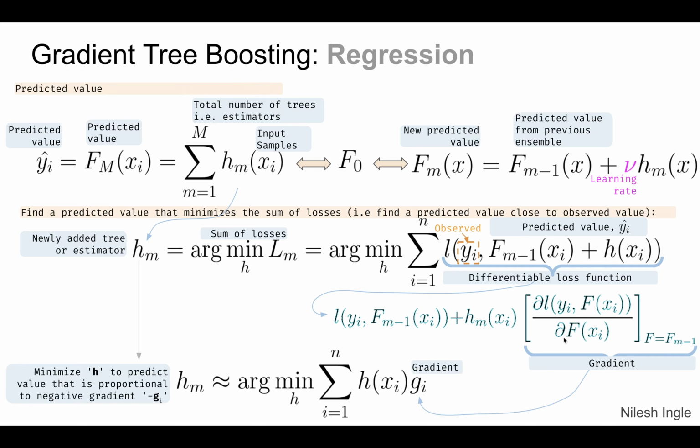And we can write that again in this form, where h_m is equivalent to the minimum of h(x_i) and g_i within this summation i equals 1 to n. So what we are trying to do is find the value of h that minimizes this entire loss function right here.